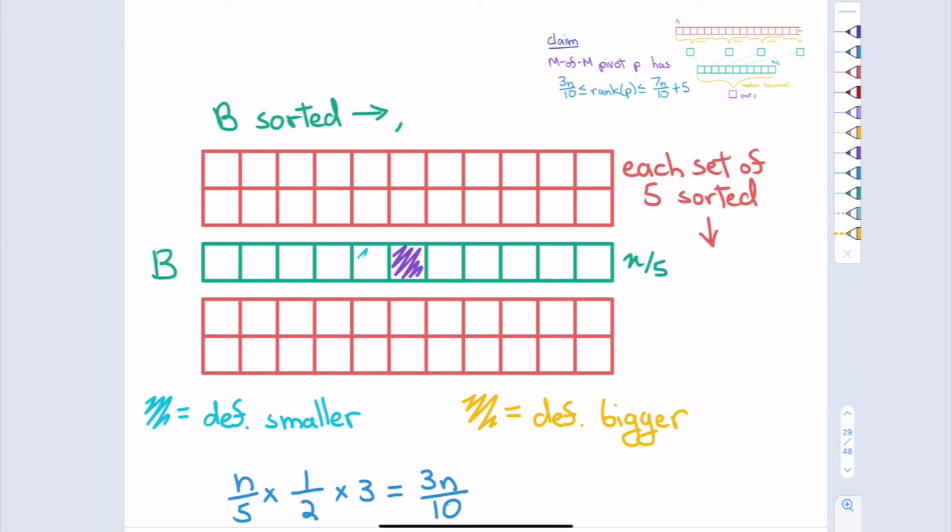We know that these are definitely smaller because of the median of the green row. But I also know that each of those medians is bigger than 2 elements in its set of 5. So I know that these are also smaller. In the worst case, it's possible that it's bigger than some other guys too.